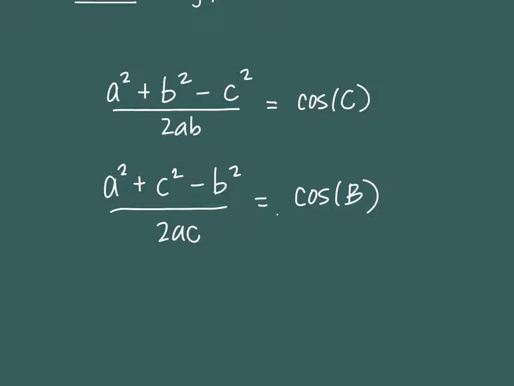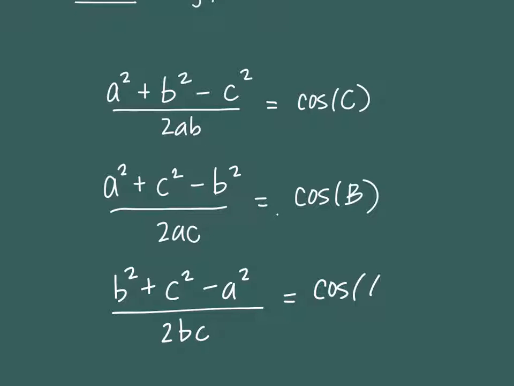Does anybody want to try it? Okay, go KP. You got it. B squared plus c squared minus a squared all over 2b and c, and that's going to be equal to cosine a. Right. So there's a definite pattern to it.